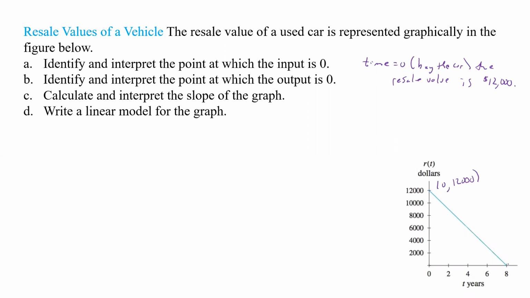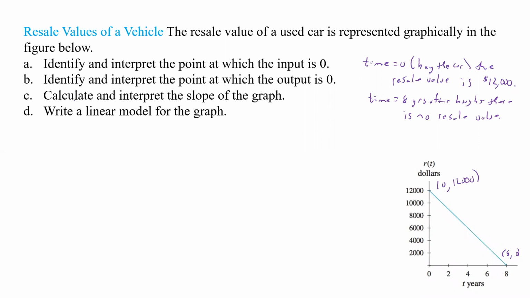That's over here, and so that's going to be (8, 0). This is time equals 8 years after you bought it. There is no resale value. So you bought the used car, and when you first buy it, the resale value is $12,000. 8 years later, there is no resale value.